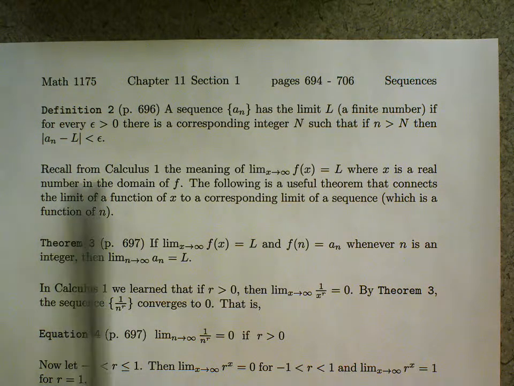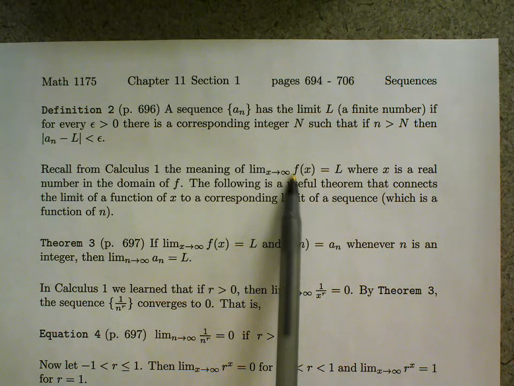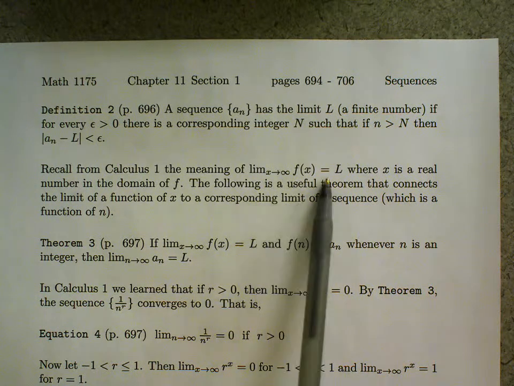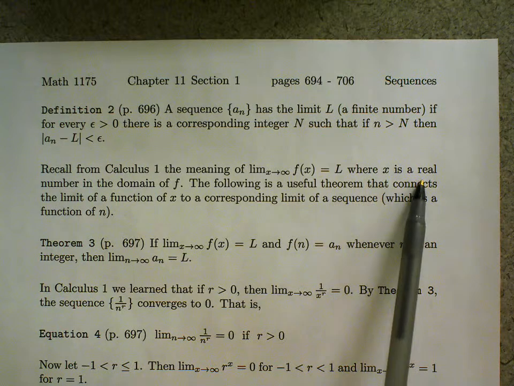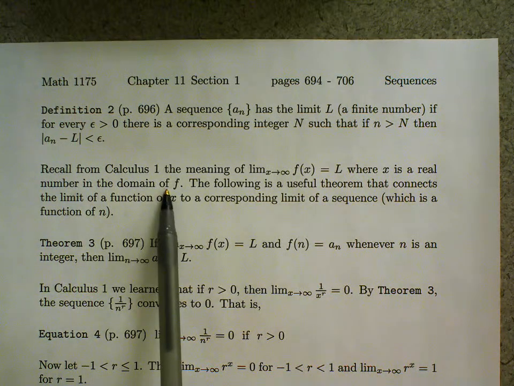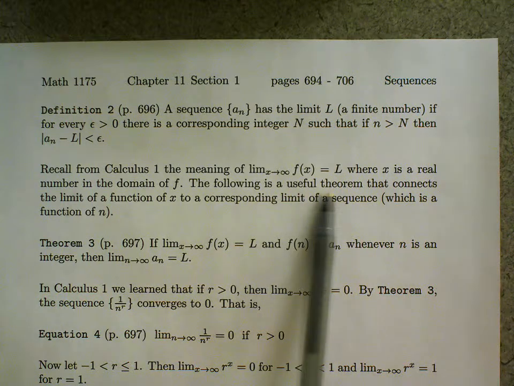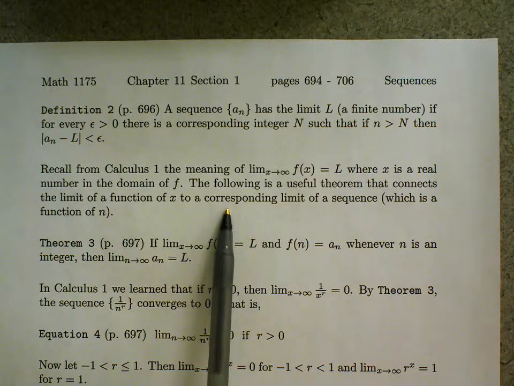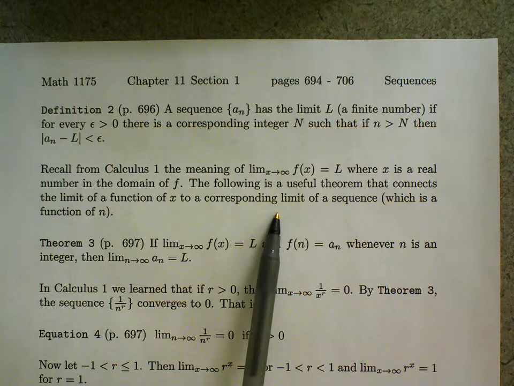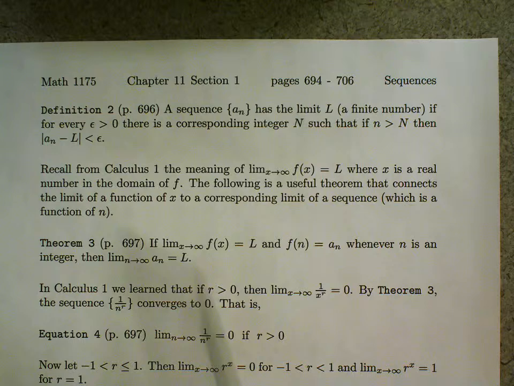So recall from Calculus 1 the meaning of the limit of f of x as x approaches infinity equals L, where x is a real number in the domain of f. So the following is a useful theorem that connects the limit of a function of x to a corresponding limit of a sequence, which is a function of n.